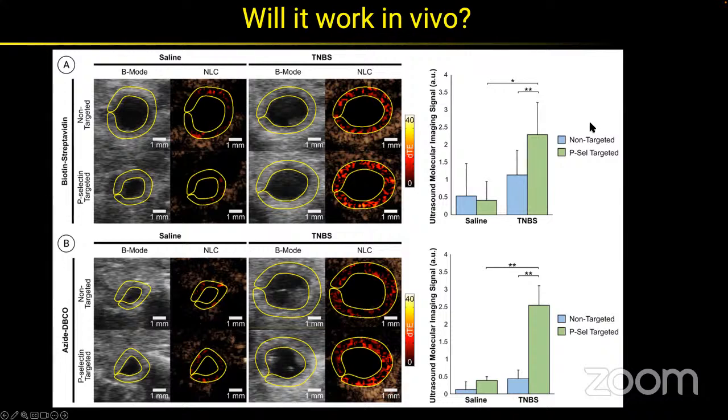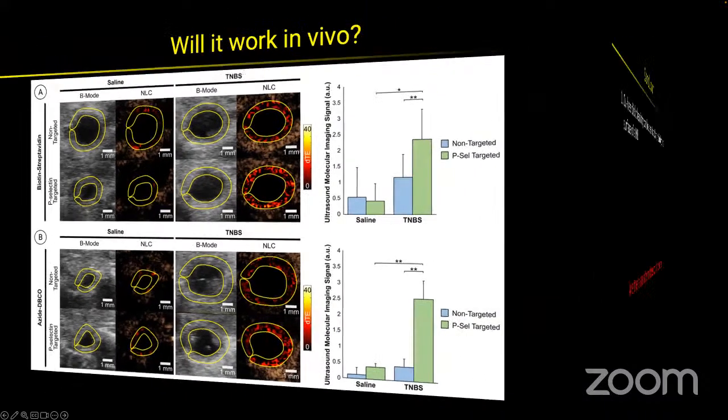For some reason, we see a lot of non-specific sticking to the vasculature. So depending on how great your antibody is, it can be really hard to distinguish the two. Whereas with this approach, we saw no real background signal, which was excellent.